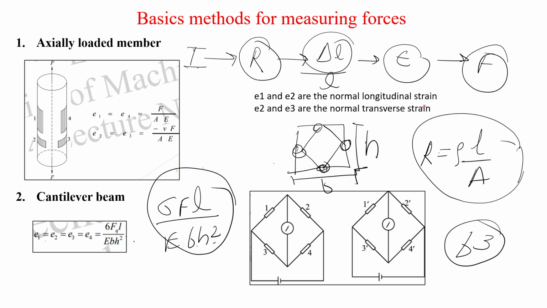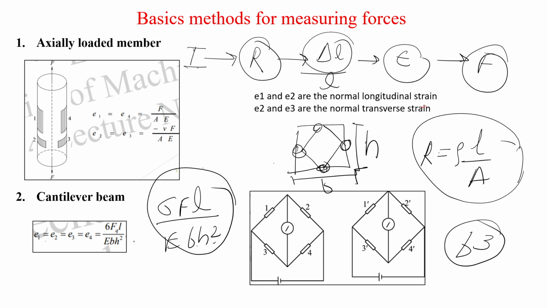Very simple. So this is the cantilever beam method, in order to find the forces. Actually we are finding the strains, and by equating the strain formula with the force formula, we are able to find the force.